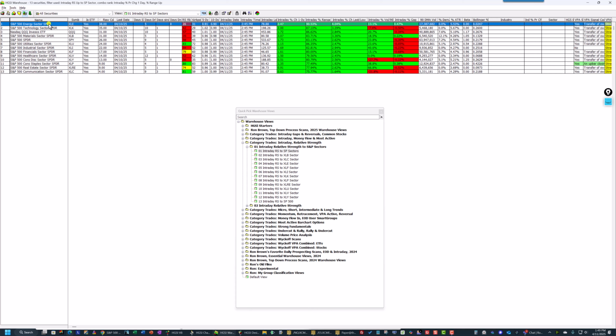And you can see this is the way this is sorted. Energy is at the top of the list. Based upon the combo, it's up 2.47%. The range is 90.53.